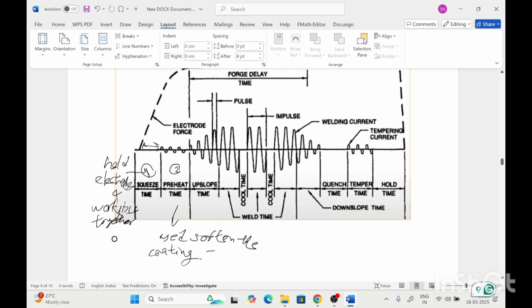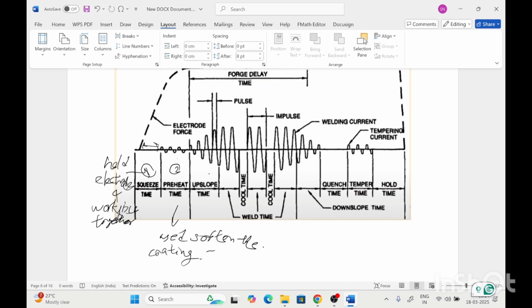Next is the upslope time. Here the maximum force is applied and the current is increased. In the preheat time, the pulse frequency is less and the current amplitude is also less.